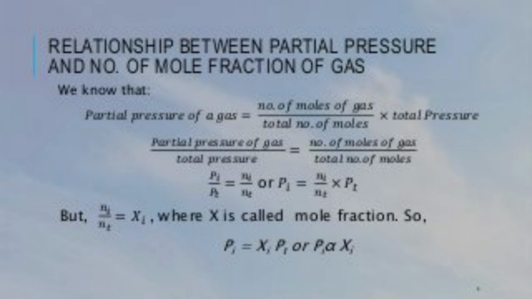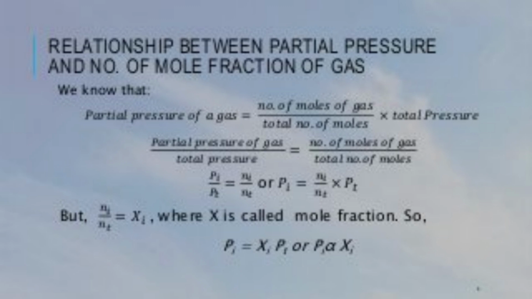After rearranging the equation, we get partial pressure of a gas divided by total pressure is equal to number of moles of gas over total number of moles, or Pi over Pt, where Pi means pressure of any gas and Pt is total pressure, is equal to Ni divided by Nt, or it can be written as Pi is equal to Ni over Nt into Pt.